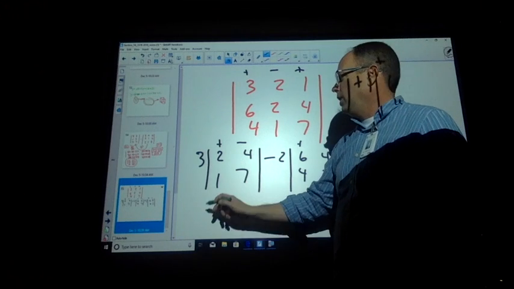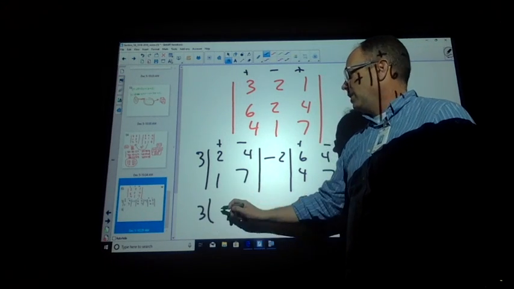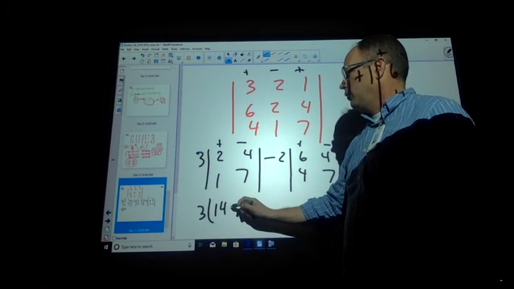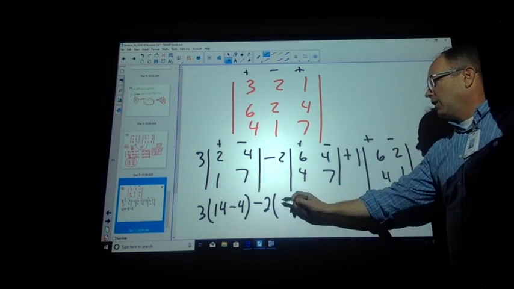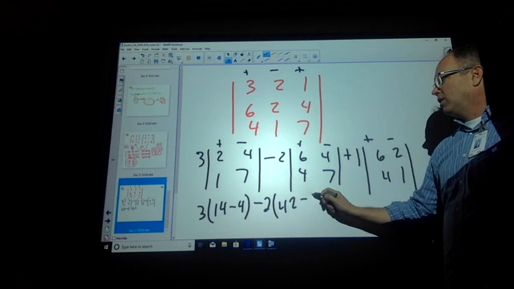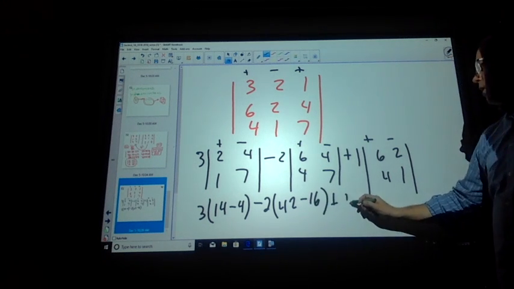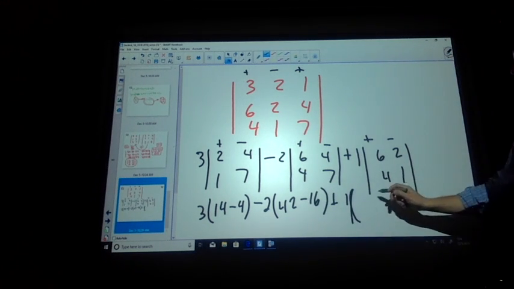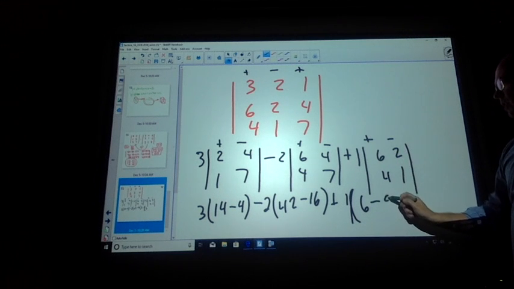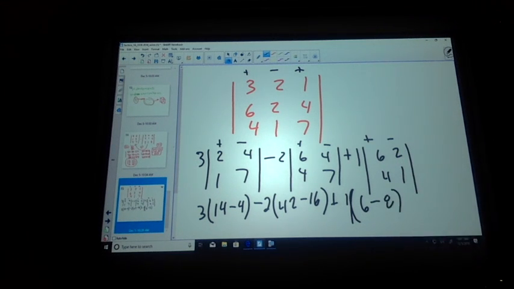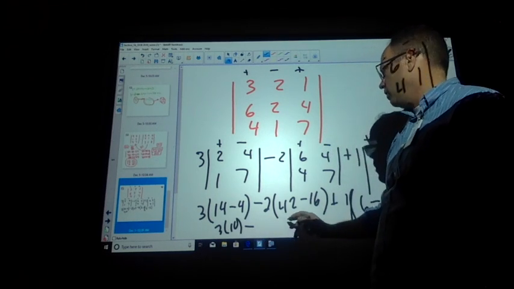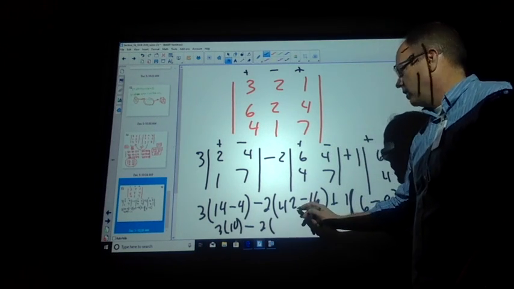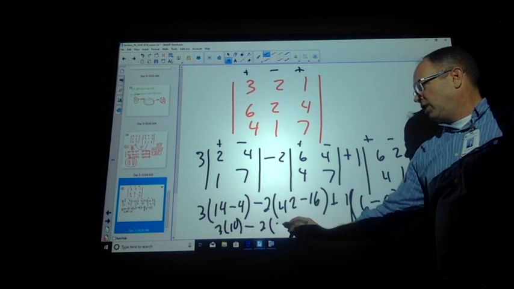Okay, so what you do here is you go 3 times 2 times 7 is 14, minus 4 times 1, which is 4, minus 2 times 6 times 7 is 42, minus 16, plus 1 times 6 times 1 is 6, minus 8, and then you do the arithmetic. So this looks like 3 times 10, which we can say is 30, and 2 times, is that 26?